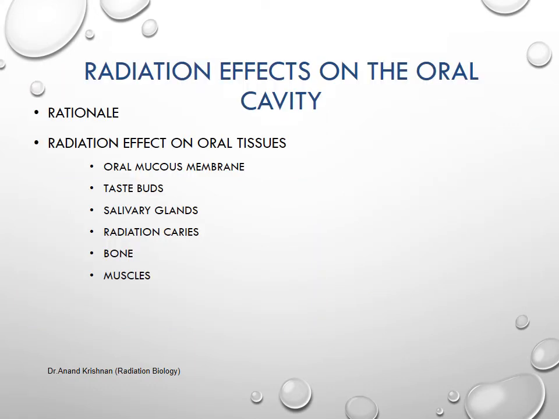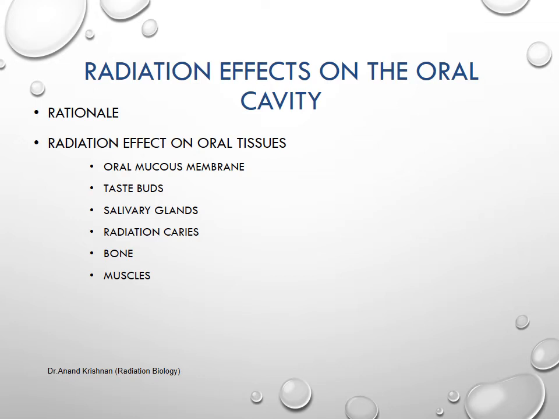So what are the radiation effects on the oral cavity? In oral tissues, we have to understand the oral mucous membrane. It might cause a certain amount of inflammation with erythema, and there is oral mucositis, radiation-induced mucositis, which comes in 4 stages, which we will discuss further.